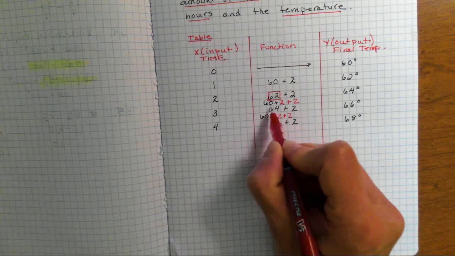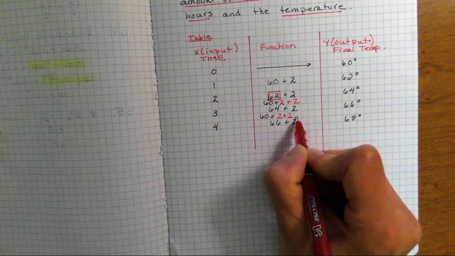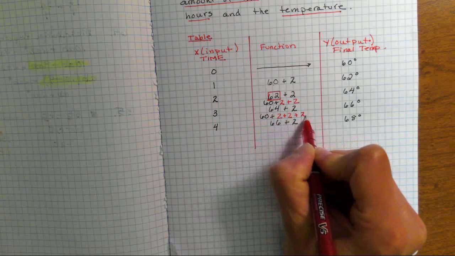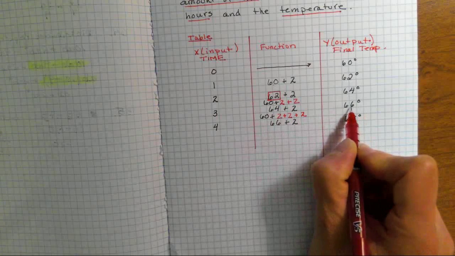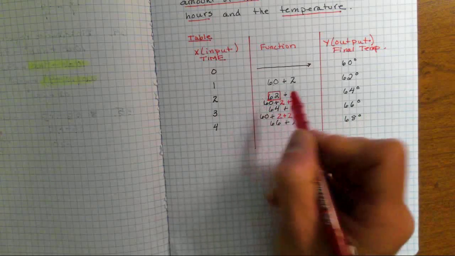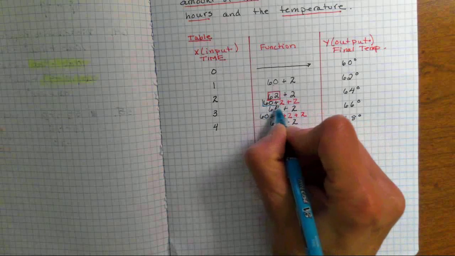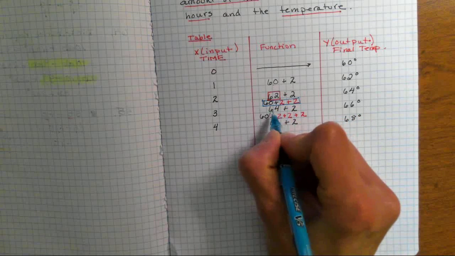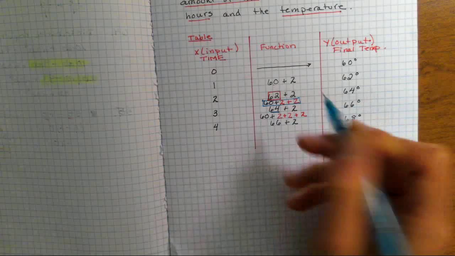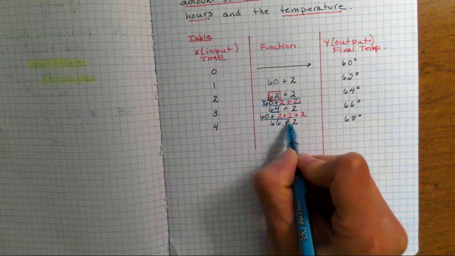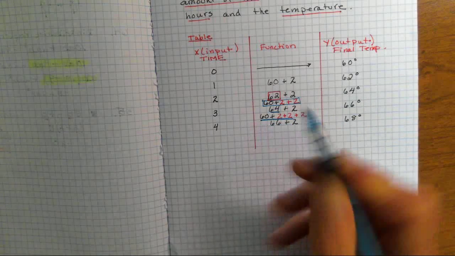That was this line. And then I have this plus 2 that I'm adding on. So that gives me 66. So what I'm doing here is this is becoming my 64. Right? So that there is my 64.